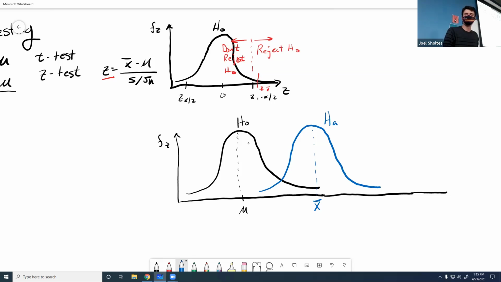I'm kind of messing with units here. This is actually Z down here, but you can find x bar and mu by inverting that equation, right? So we'll say Z, but we're just kind of representing these values as centered around mu and x bar.